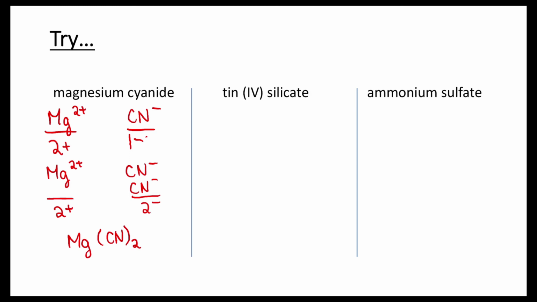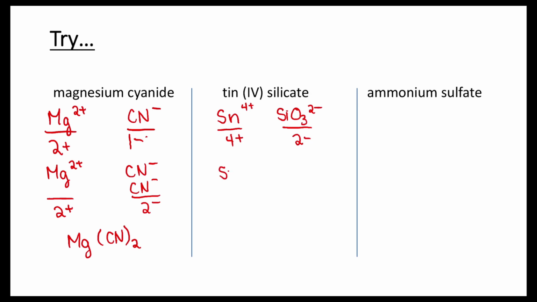Okay, tin 4 silicate. Tin, we are told from the Roman numerals, has a 4 plus charge. Silicate is SiO3 2 minus. So this has a 4 plus charge. This has a 2 minus charge.